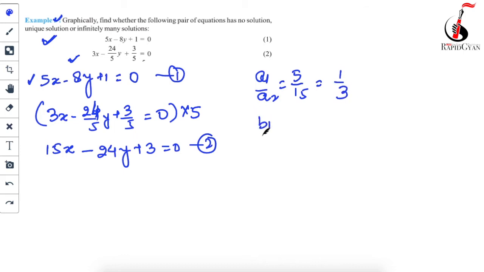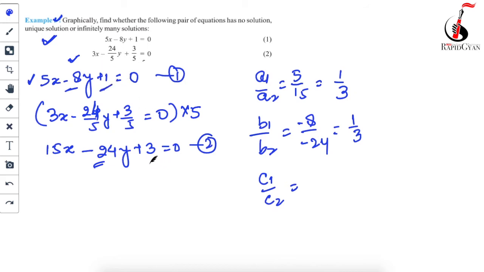What is the value of b1 upon b2? It is minus 8 upon minus 24, which is again equal to 1 upon 3. And what is the value of c1 upon c2? So c1 upon c2 is 1 upon 3.